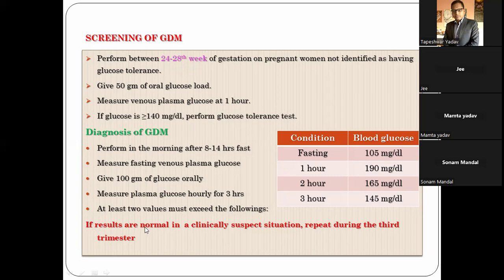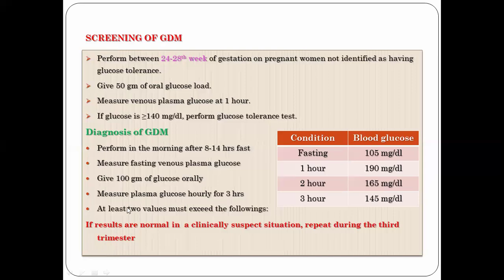If results are normal but clinically suspect, repeat during the third trimester. We perform the test, but the result is suspected and we are not getting confirmed results. So again, we have to repeat the test during the third trimester.